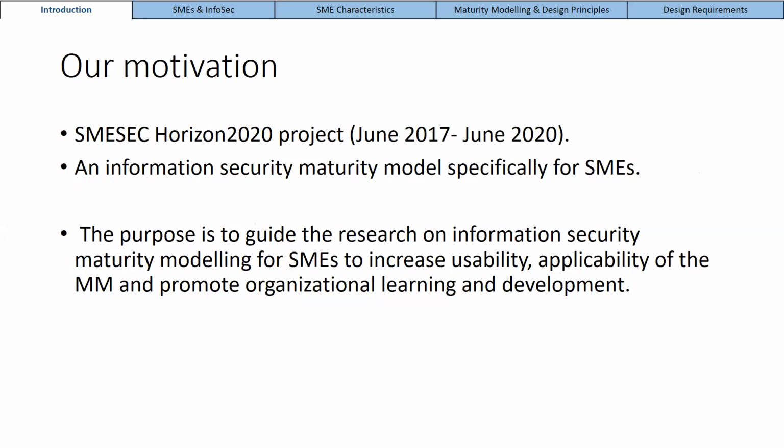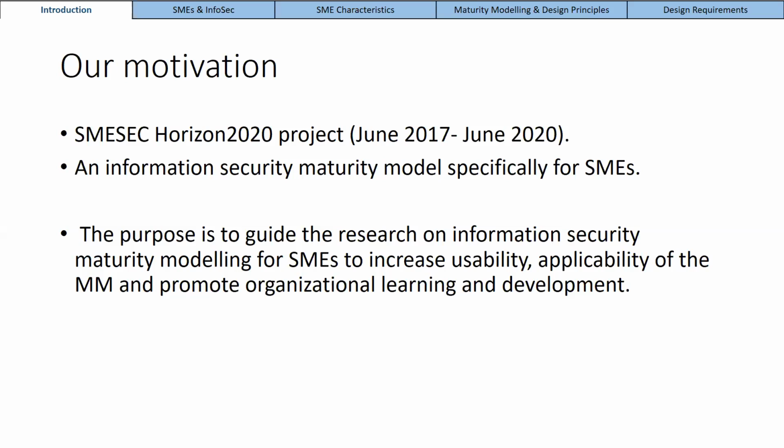We have been working in the SIMSEC Horizon 2020 project since June 2017, and it ended last month actually. SIMSEC is an acronym for Protecting Small and Medium-Sized Enterprises Digital Technology Through an Innovative Cybersecurity Framework.